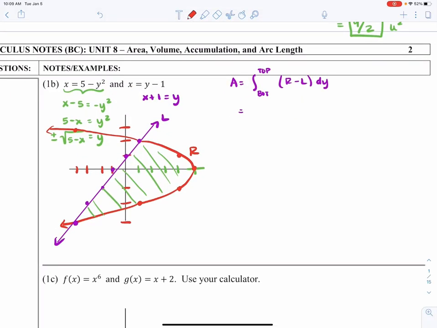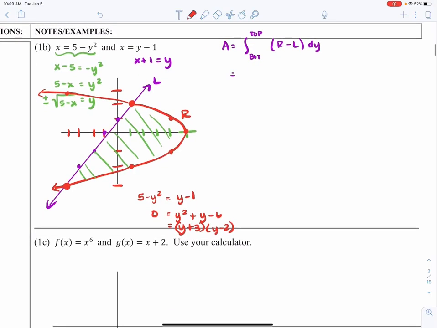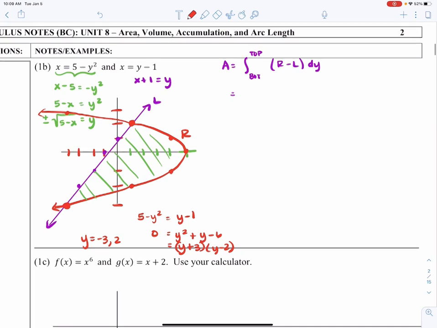Now, we've already found these points of intersection and I can see them graphically, but if you didn't know how to find them, remember, I can set these two equations equal to each other and get y squared plus y minus 6, which factors into y plus 3 and y minus 2 to give us 2 points of intersection, y equals -3 and +2, which does check with our graph.